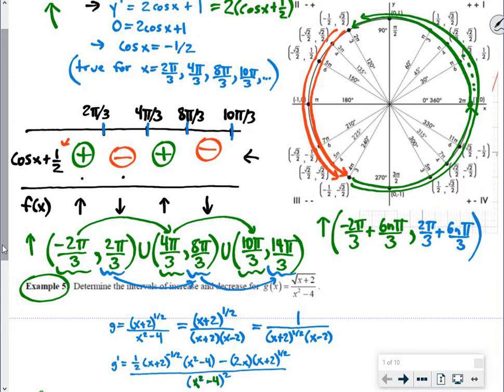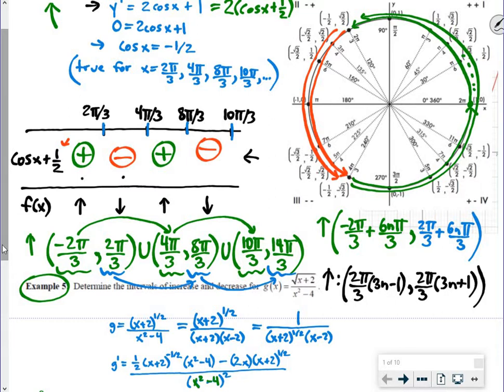So ultimately, if we simplify that a little bit, the intervals of increase in general will be, you can show this, 2 pi over 3 times (3n minus 1), and the upper limits on each of those will be 2 pi over 3 times (3n plus 1).